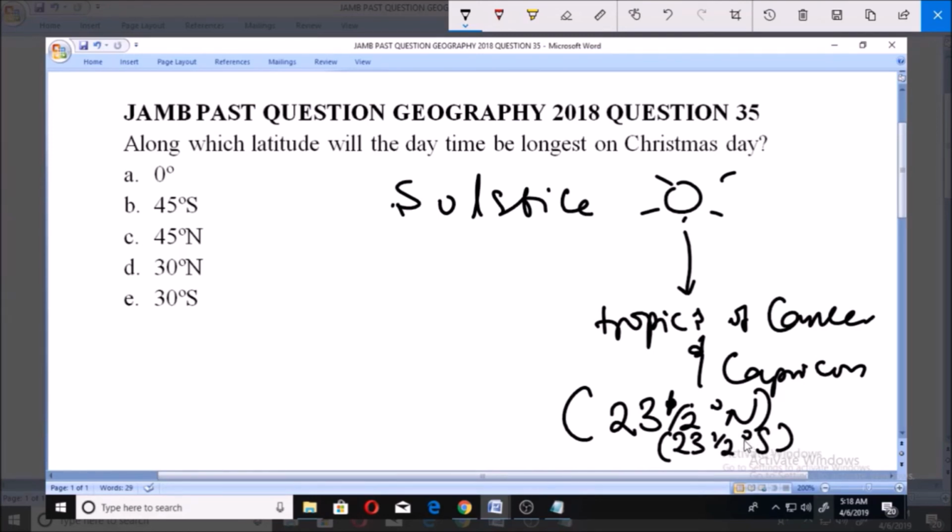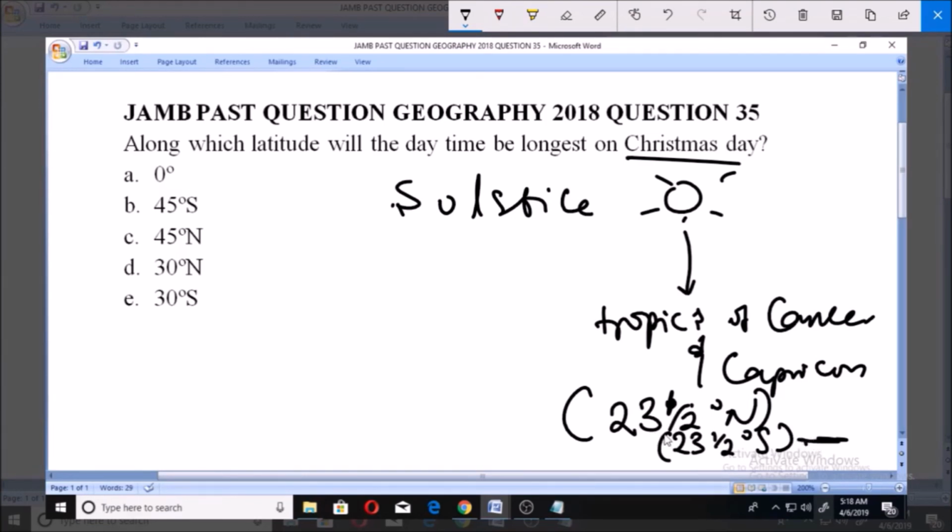Now, the winter solstice, which has longer days and shorter nights, occurs usually around December 22. That is around Christmas Day. And it occurs at the latitude of 23.5 south, and other latitudes close to the Tropic of Capricorn.